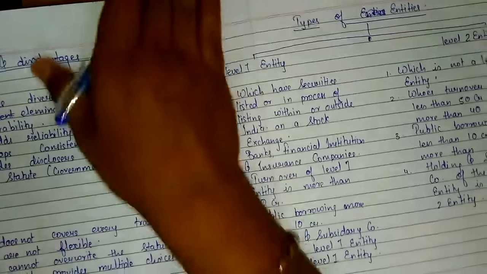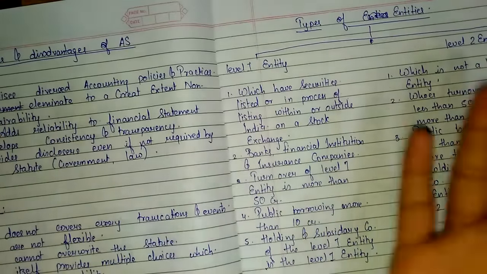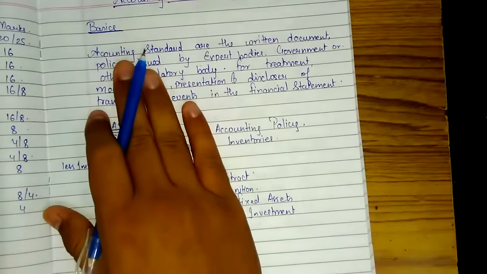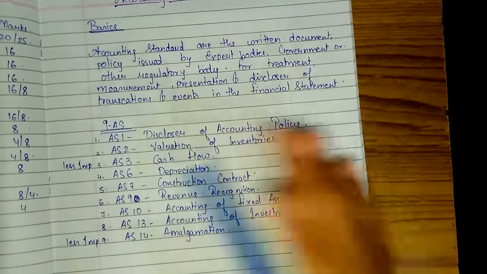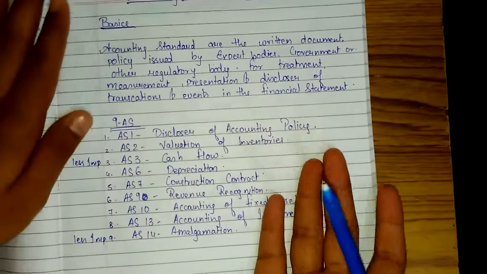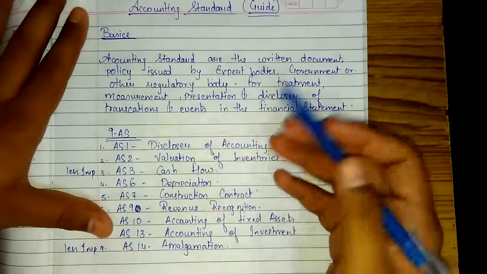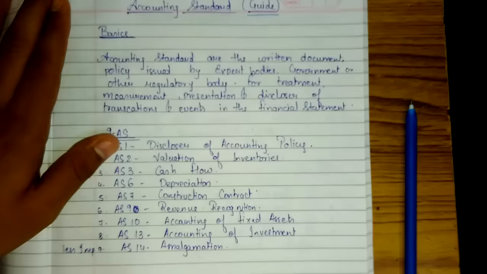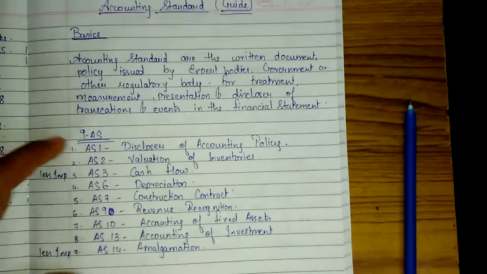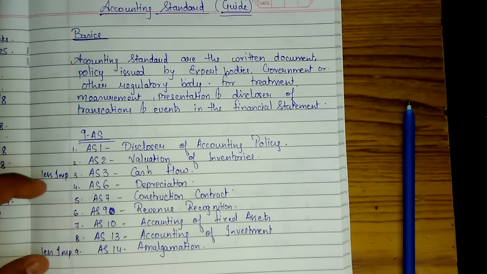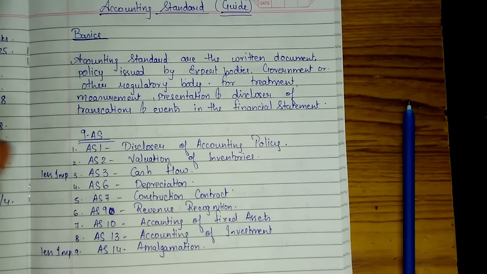AS1. We have understood the accounting standards. Firstly, what is an accounting standard? We'll not revise it again. We'll revise it after AS1 because it will be more understandable after AS1. We have completed the basics. We have 9 accounting standards, out of which 2 accounting standards are practical sums. So that means we finally have only 7 accounting standards. AS14 is hardly asked.